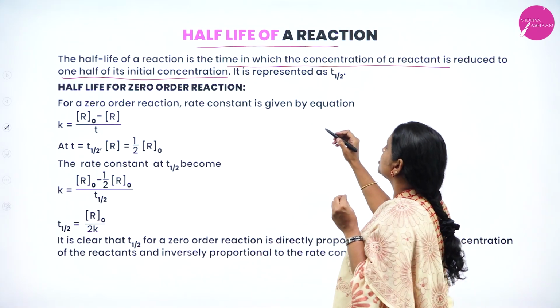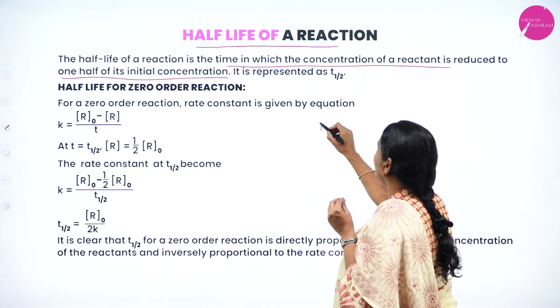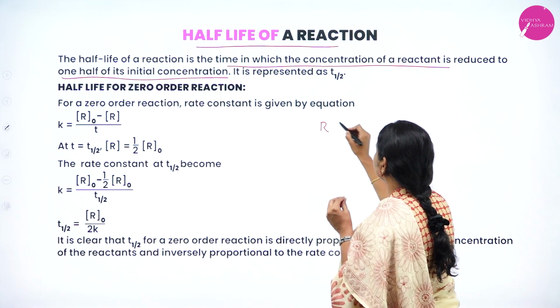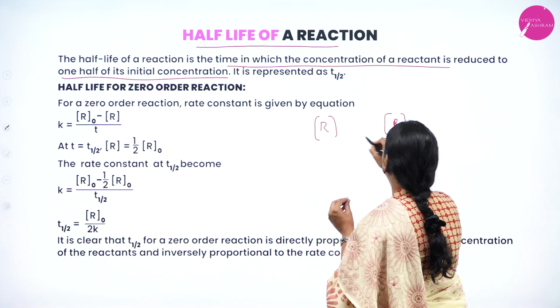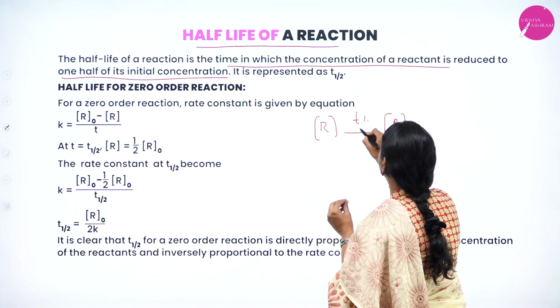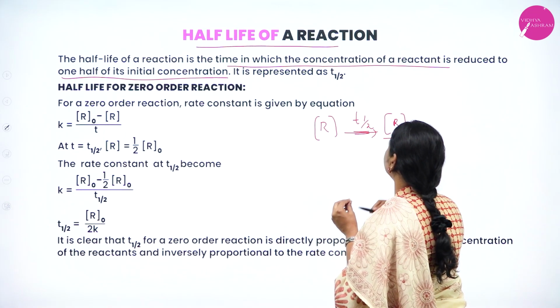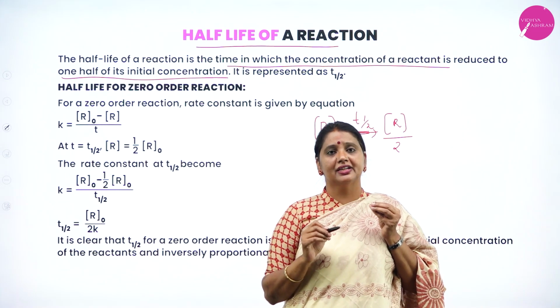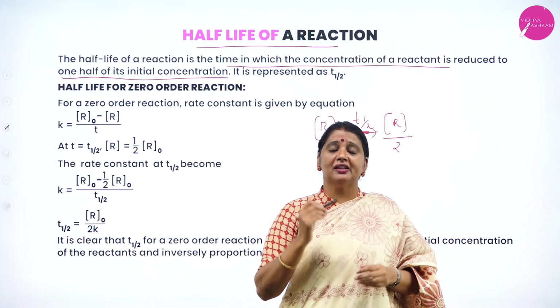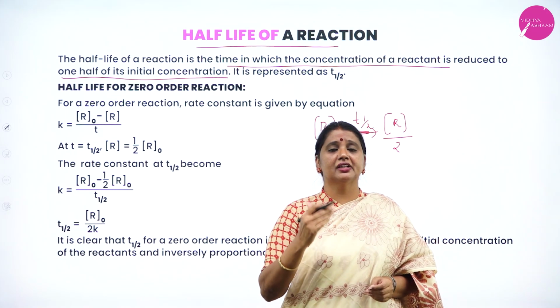For example, concentration is R, some molar R, when it will become molar R by 2 in some time, then it is called as what? T half, or half-life period of a chemical reaction. Therefore, half-life period of a chemical reaction can be defined in two ways.